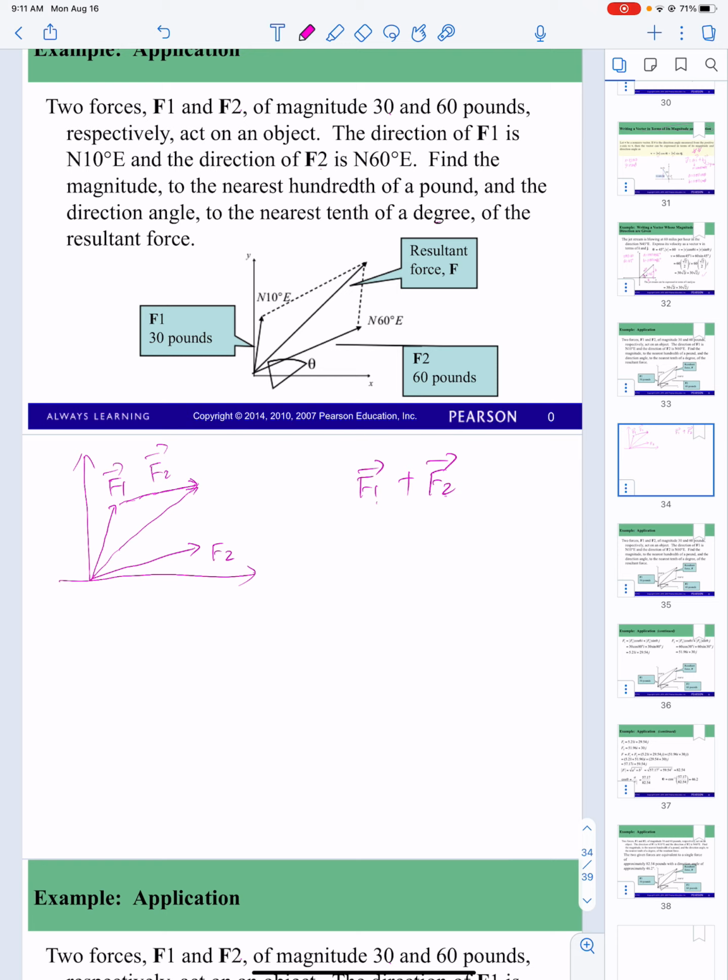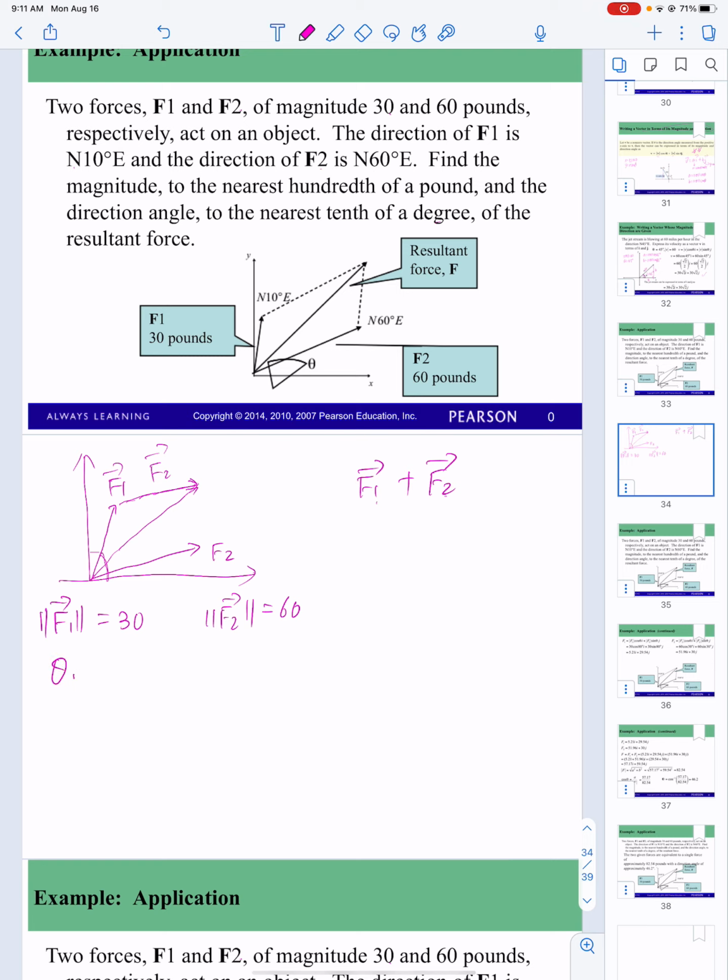So what do we know? The magnitude of F1 is 30. The magnitude of F2 is 60. And what else do we know? The angle. This is northeast 10 degrees, so this part is 10, and we want this angle.